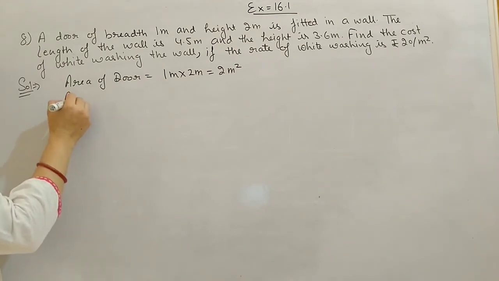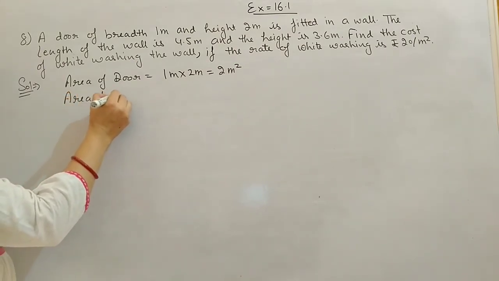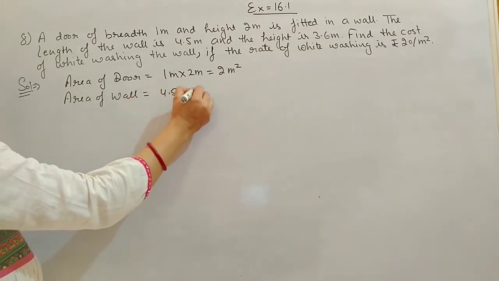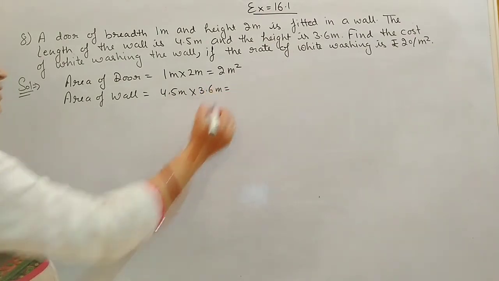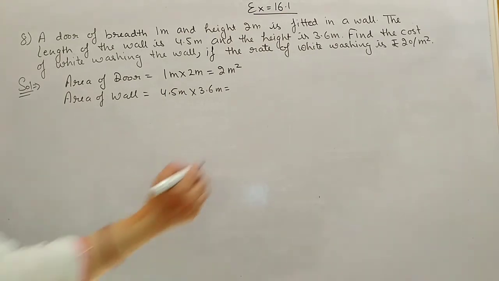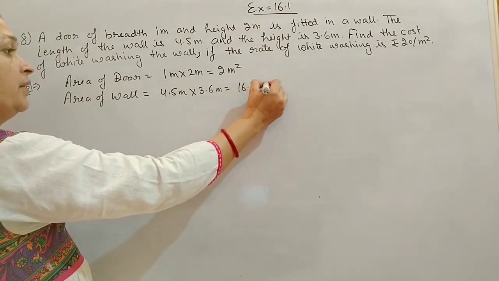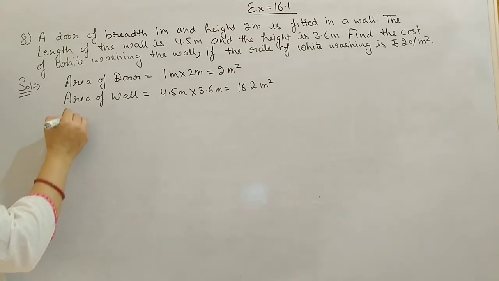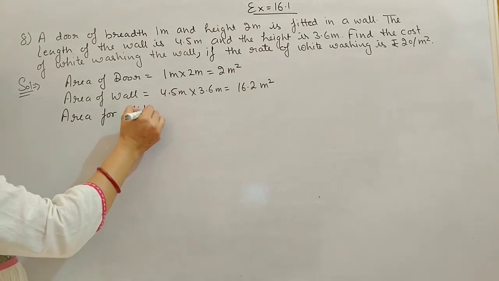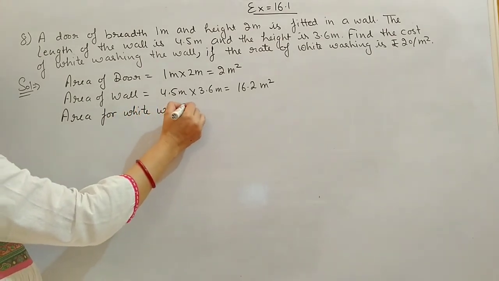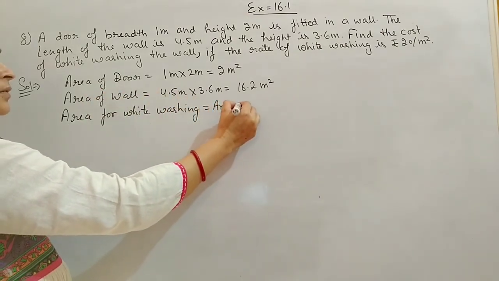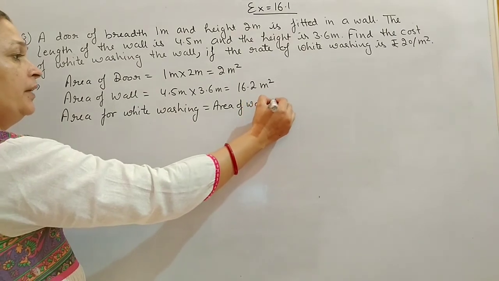And next we have to find out the area of wall, which is equal to 4.5 meter into 3.6 meter, which is coming equal to 16.2 meter square. Then area for whitewashing: from the area of wall, remove the area of door.